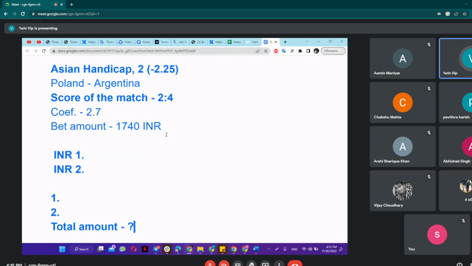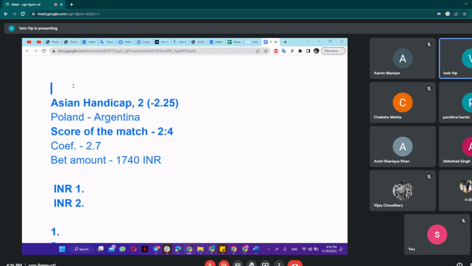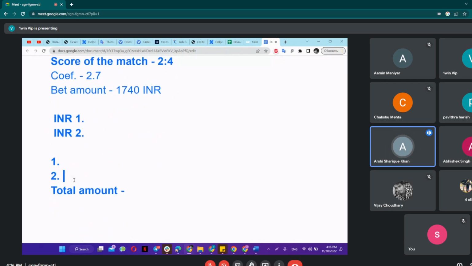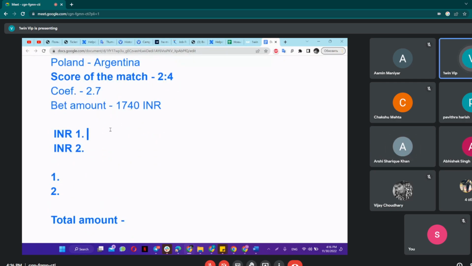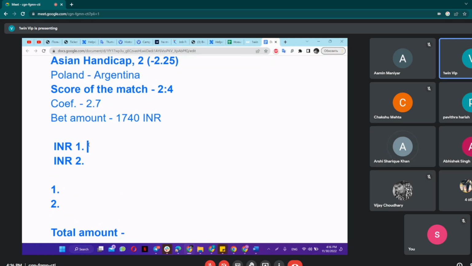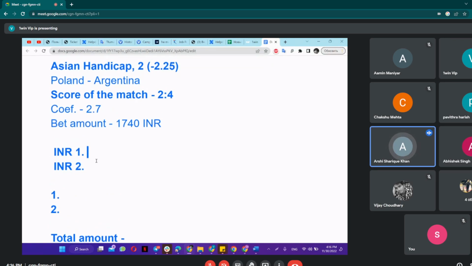Who wants to make calculations for everyone to understand what was wrong, if you are the one who calculated it incorrectly? Yeah, who wants to calculate the bet? Can I? Yeah, sure. So first Indian rupees is 870.